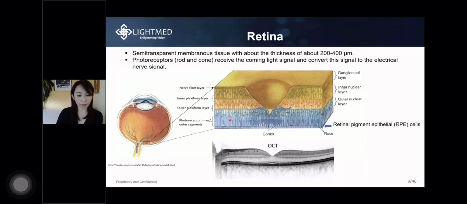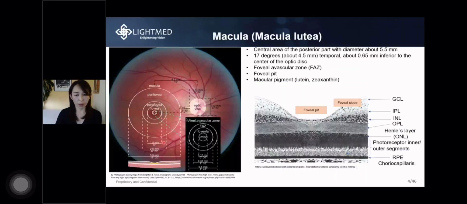Photoreceptors here receive the light signal coming from here, and this signal is converted to an electric signal, and this signal is transferred this way and goes to the brain. So for today's topic, what is important is the macula. Especially the macula is important.